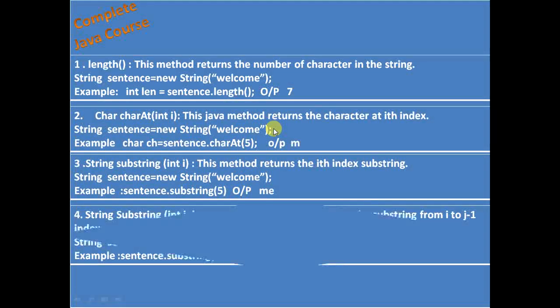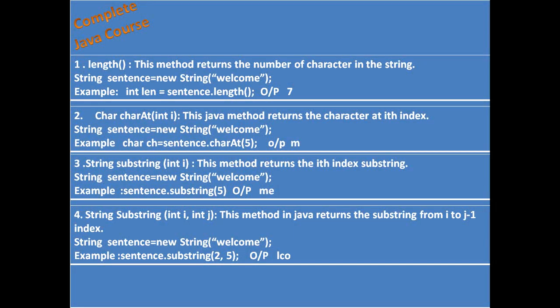Now the next method is the substring method with two parameters. This method in Java returns the substring from i to j minus 1 index. Suppose you pass 2 and 5. Index 2 is counted as 0, 1, 2, so it will print from L, but till when?